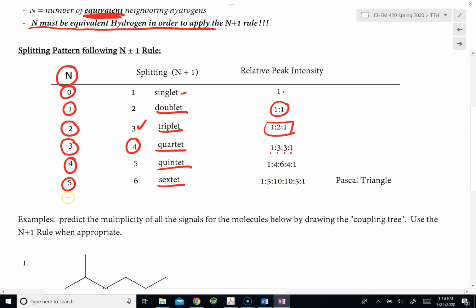And if there are 6 neighboring hydrogens, it would then be a heptet, and their relative intensity will be 1 to 6 to 15 to 15 to 6 to 1. So that's how the signal would look, and it follows something that looks like a Pascal triangle.